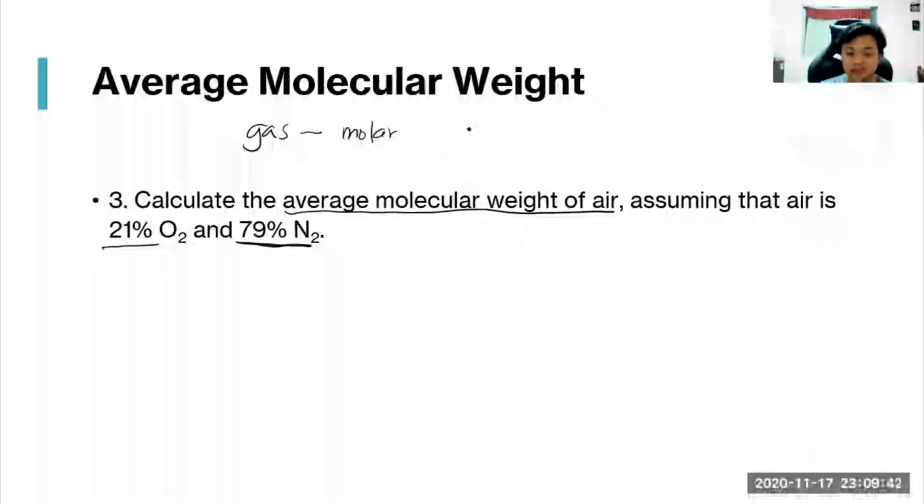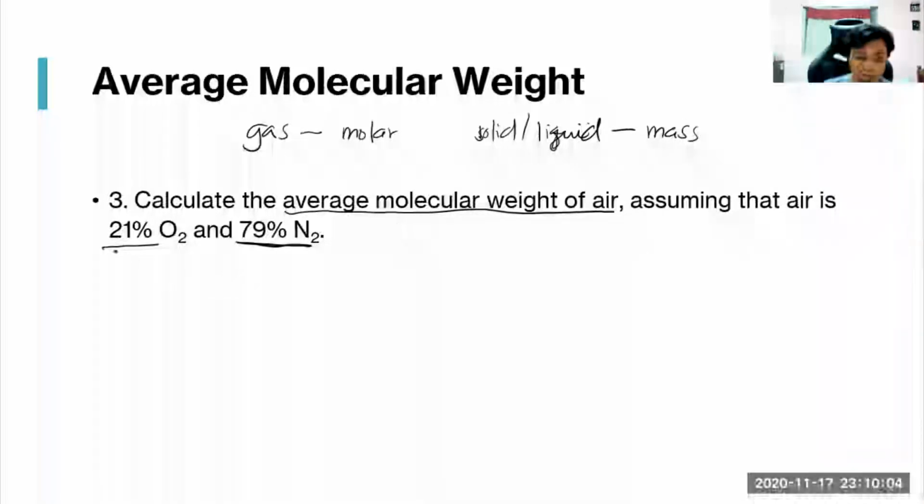And if it is liquid or solid, assume that it is on a mass basis.